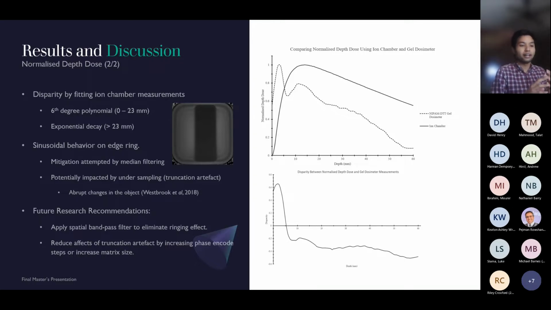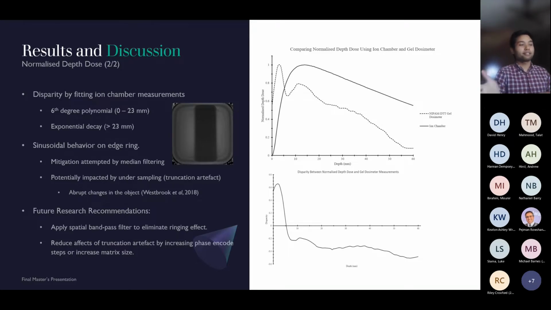On the outside, that could be the difference between the container and the gel. What should be done to mitigate this is to apply a spatial bandpass filter to eliminate the ring effect, or reduce the truncation artifact by increasing the number of phase encode steps, or increasing the matrix size, basically increasing your sampling size.